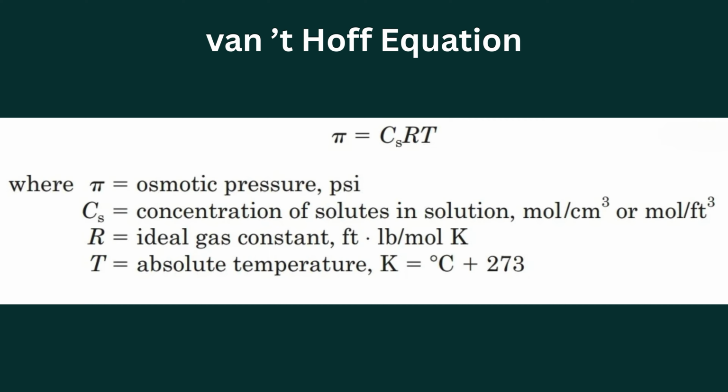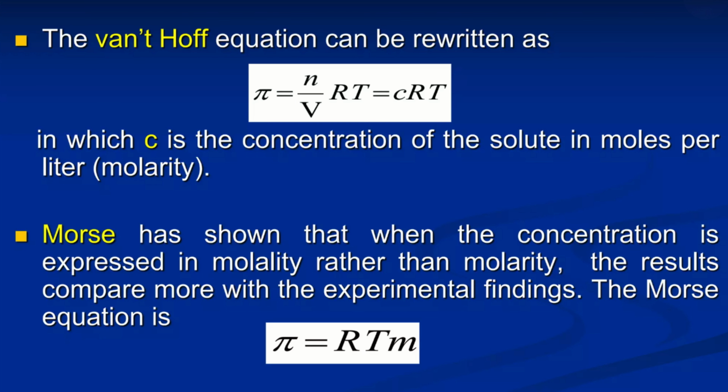The earliest quantitative framework for osmotic pressure was established through the pioneering work of Jacobus Henricus van 't Hoff, who demonstrated that dilute solutions obey an equation formally analogous to the ideal gas law, expressed as pi equals RTC, where R is the universal gas constant, T is the absolute temperature, and C is the solute concentration. This relationship highlights the colligative nature of osmotic pressure, depending solely on the number of solute particles rather than their chemical identity.